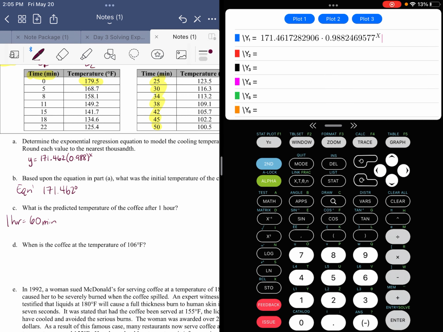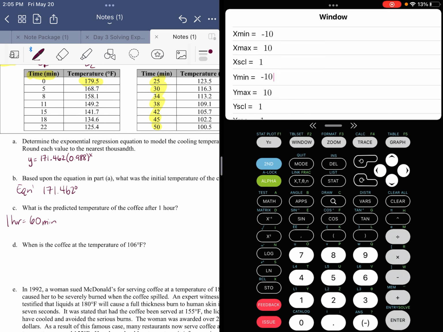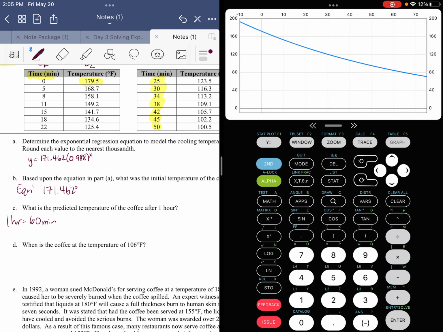And if we go to our window settings, our x max should probably go to more than 60 minutes. Let's do 75 minutes. And our y max better start at least 180, so let's maybe go to 200. And let's see what that looks like. Okay, that looks pretty good.